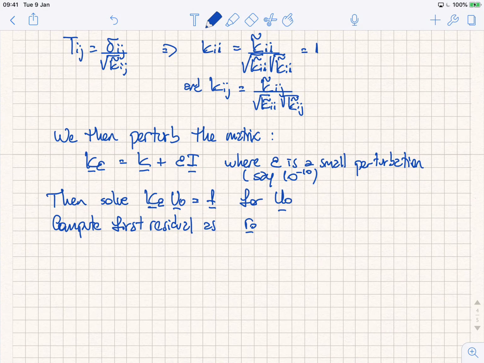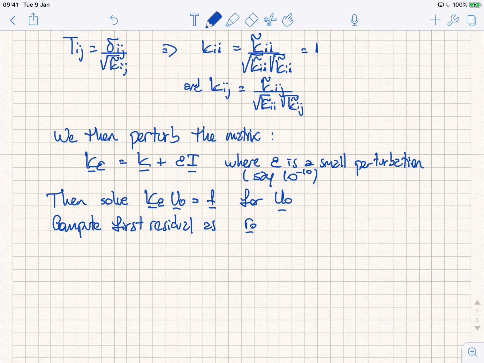So if Ku is equal to f and u is the exact solution, then Ku minus f is going to be, that is your residual. But if u is the exact solution that I'm looking for, Ku minus f should be equal to what? To 0.